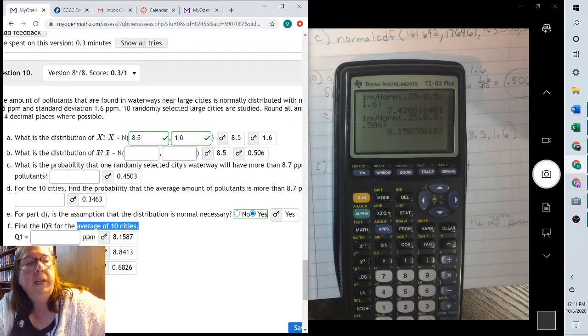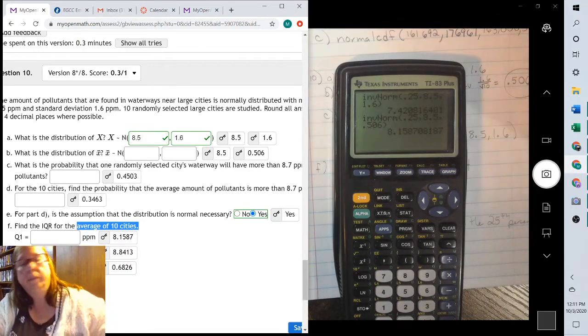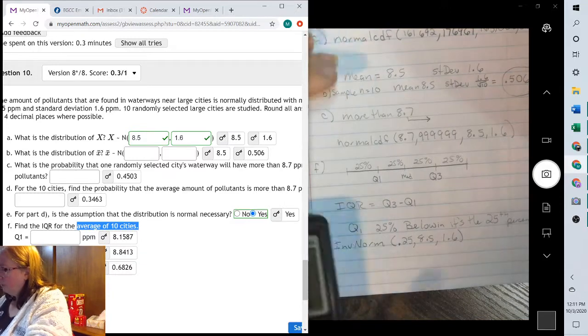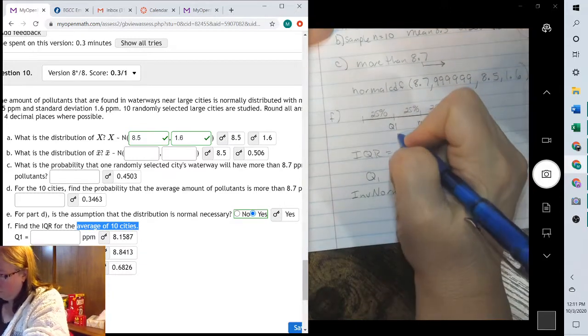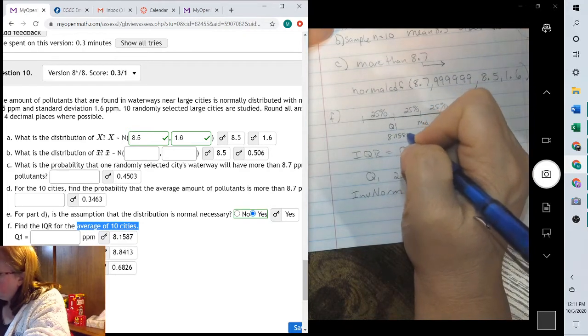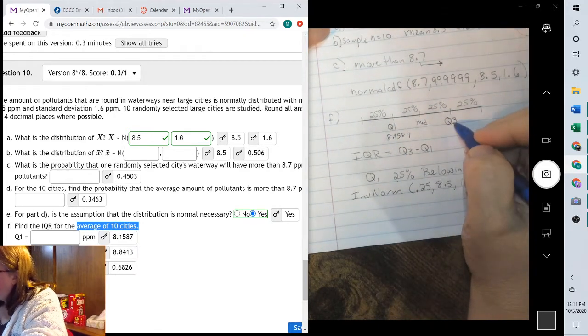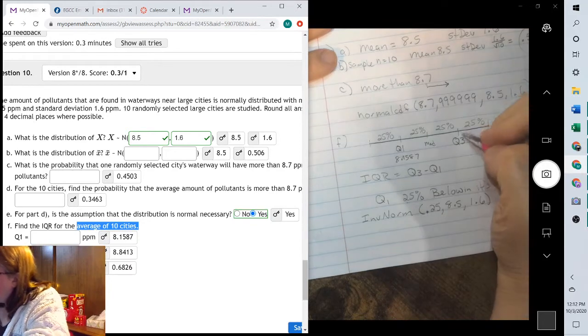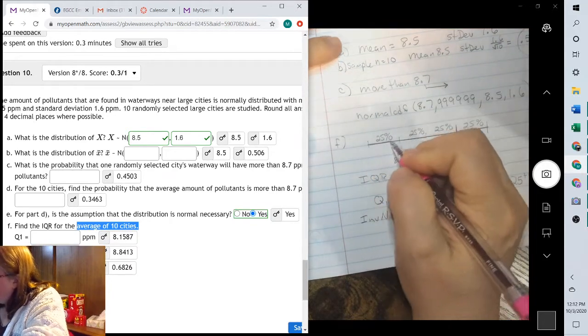So be careful of that. Some have the city and some have the sample size and some do not. So that would give us this one, 8.1587.